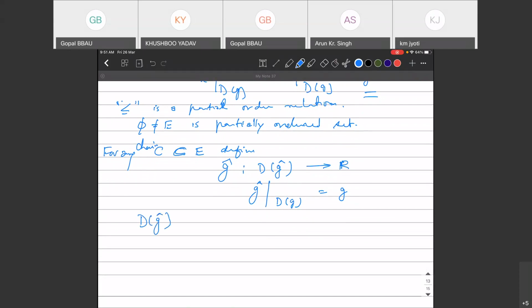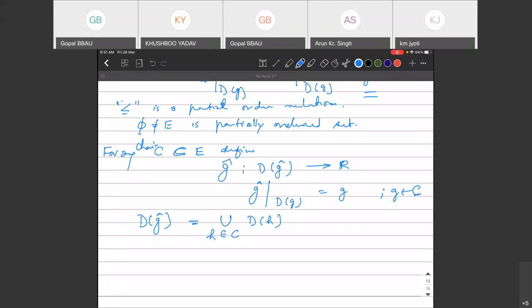DG head is the union of all DH, for H in C. Here G belongs to the chain C.